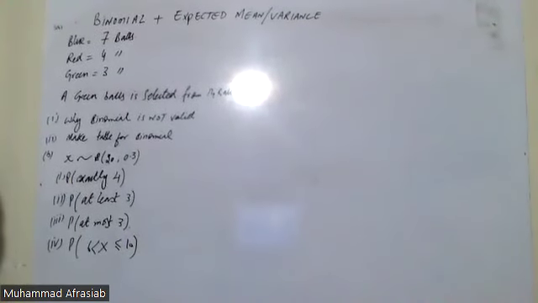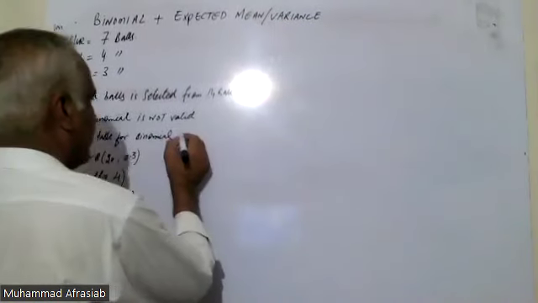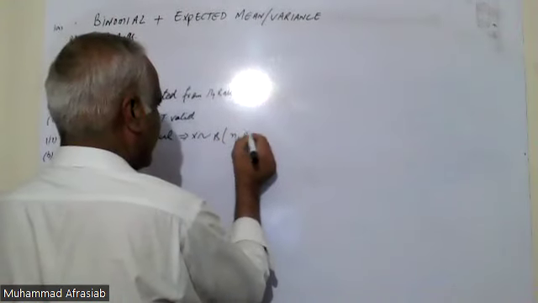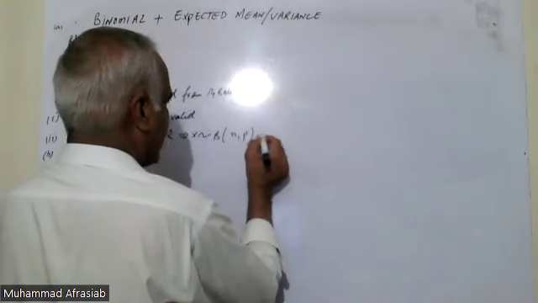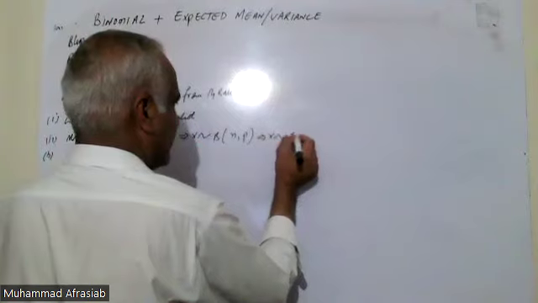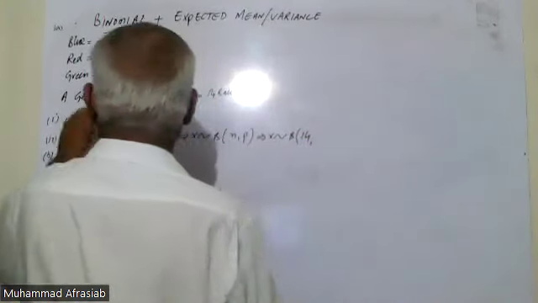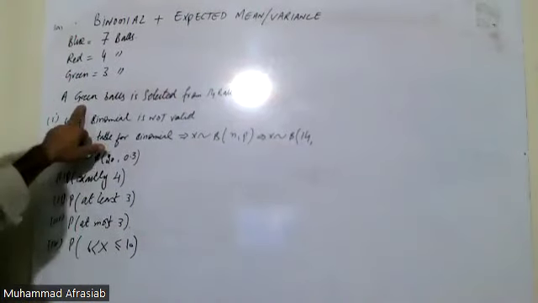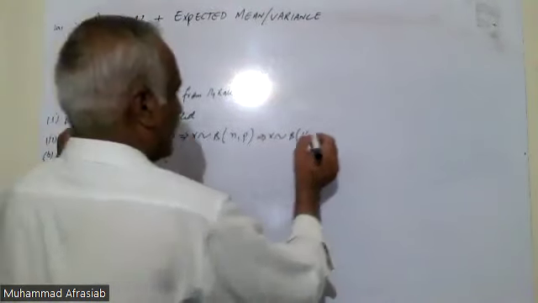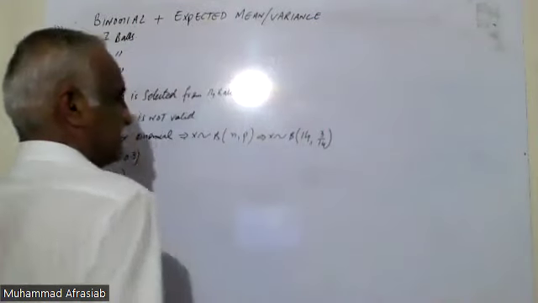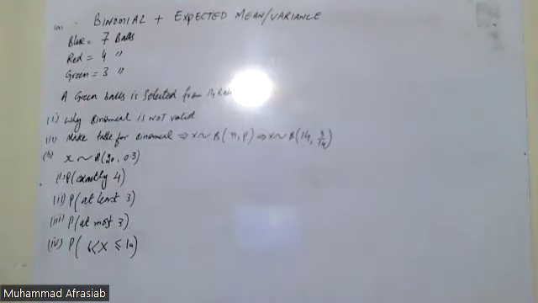Then the second part, make the table for this binomial distribution. We know that binomial distribution is defined by n and p. So X follows a binomial, where n is the total number of balls, 14, and the probability of selecting a green ball from that bag is 3 over 14, which you can write in fractional form as it is.